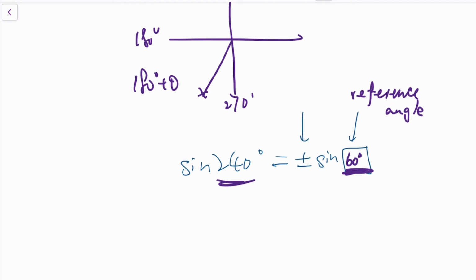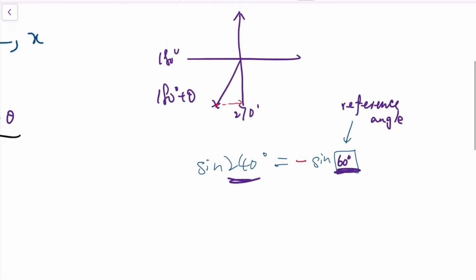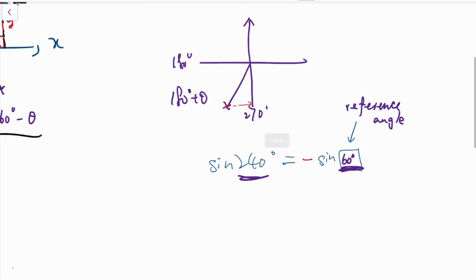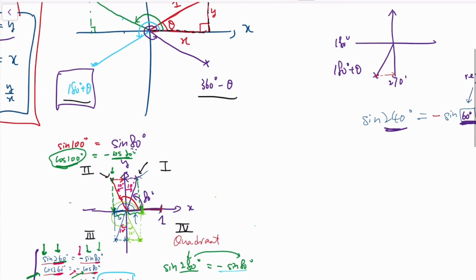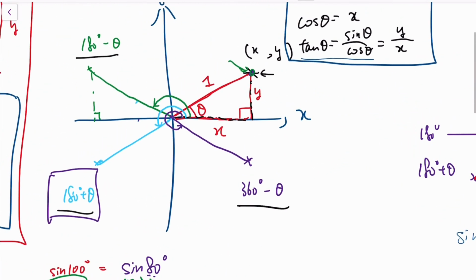That's not difficult as long as you remember that sine is the y coordinate, and if you are here, your y coordinate is obviously negative, so it's negative. So deciding whether it's plus or minus is actually not that hard.